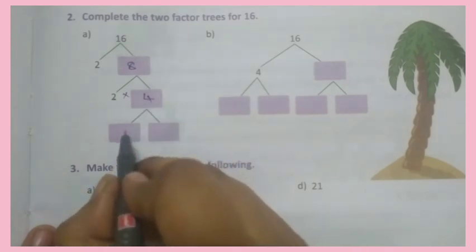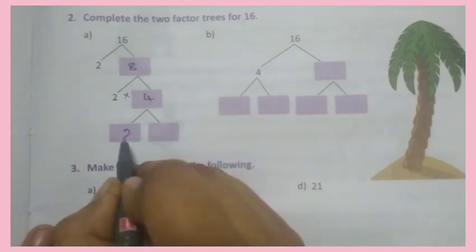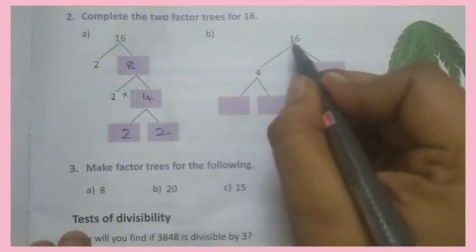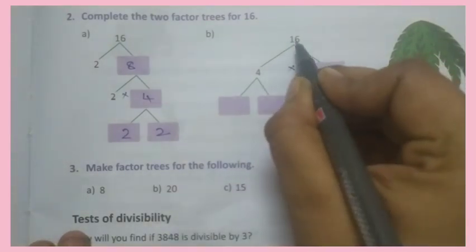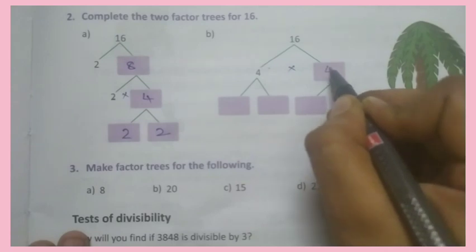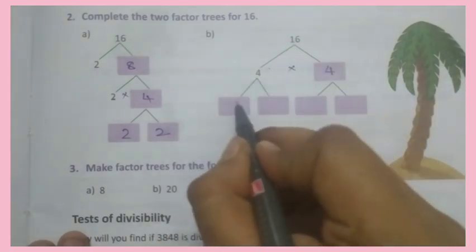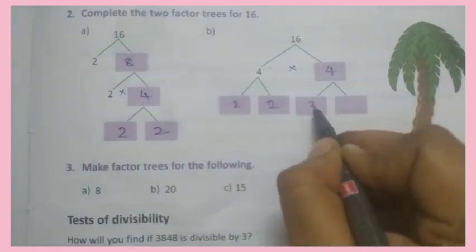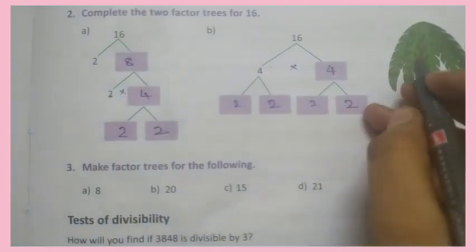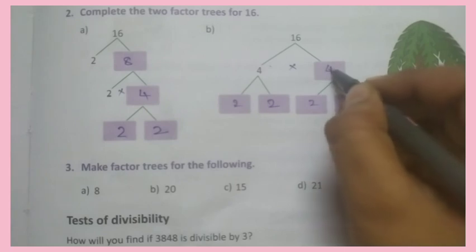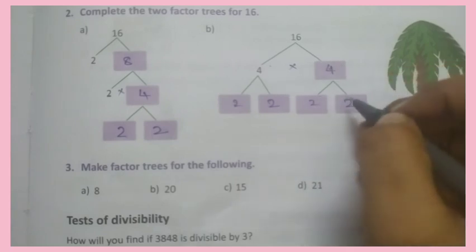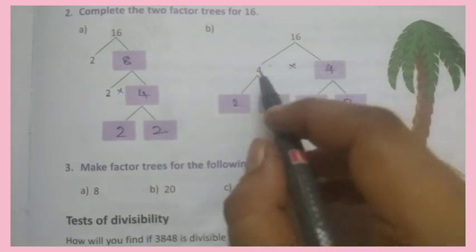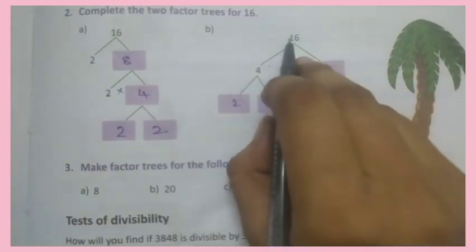For 4 we can split it into 2, 2 2s are 4. Now in 4 table when we get 16, 4 4s are 16. For 4 we can split it again, 2 into 2. Very simple, we have to check whether this number will be there in any other table or not. If it is there, we have to write like this. These all are the factors of 16.